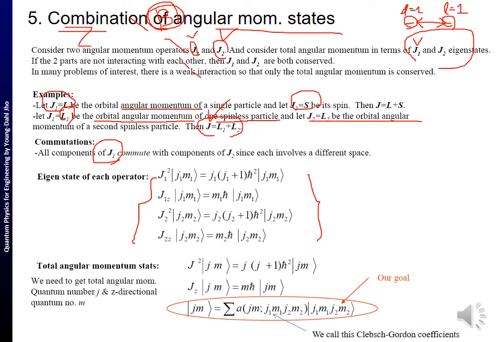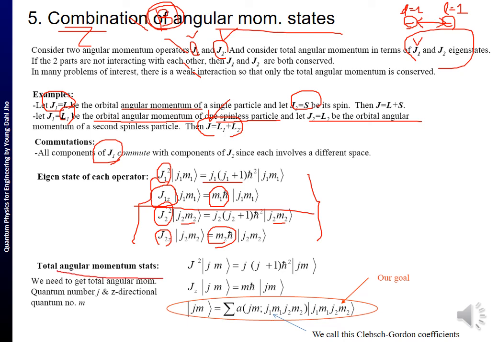So J1 squared applied onto |j1, m1⟩, you will have j1(j1+1) ħ². Then J1z leads to m1 ħ, J2z leads to m2 ħ, and J2 squared, only acting on |j2, m2⟩, gives j2(j2+1) ħ², if J1 and J2 are independent.